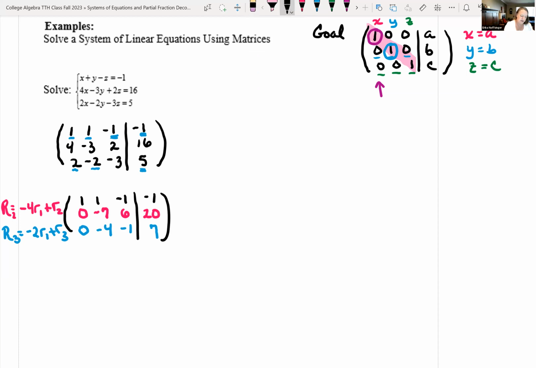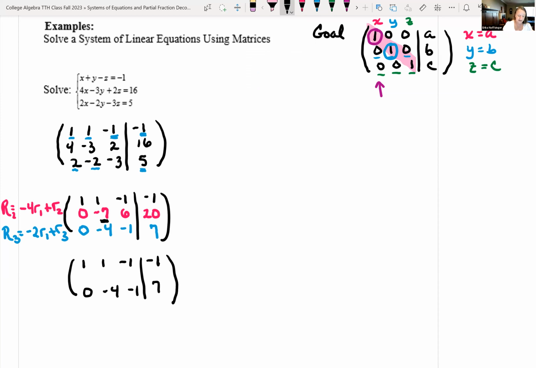So let's look at, I'm wanting to change row 2, but I'm going to keep my row 1 and row 3 the same. So I'm going to just rewrite my row 1, 1, 1, -1, vertical line, -1. And I'm going to rewrite my row 3 down here, 0, -4, -1, and then 7.